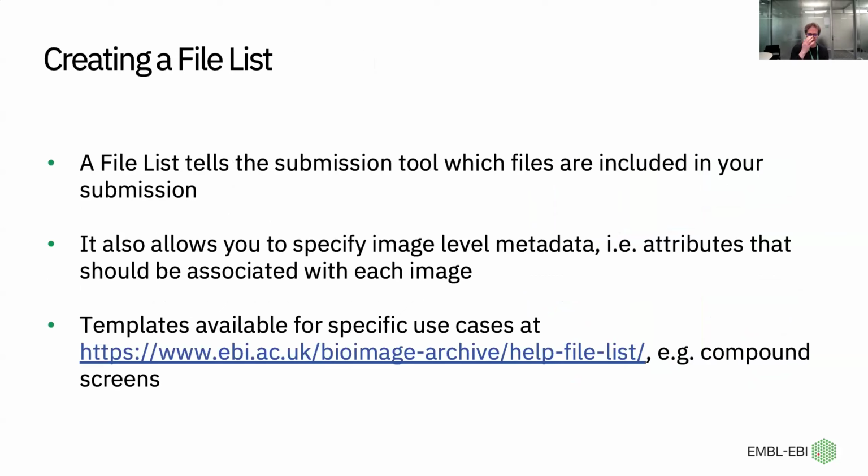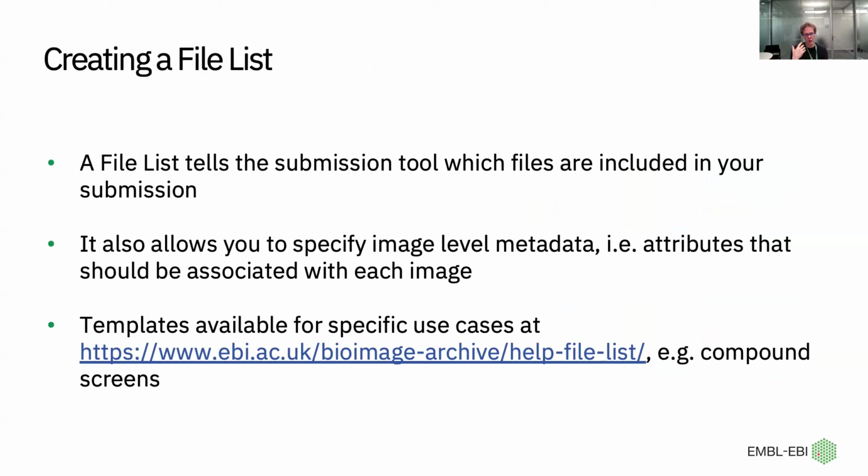This tells us, and therefore the downstream reusers of the data, both what the individual image files in the submission are, but probably most critically, what the individual image-level metadata relevant to those images are. In the example I showed, it was the information about the donors.